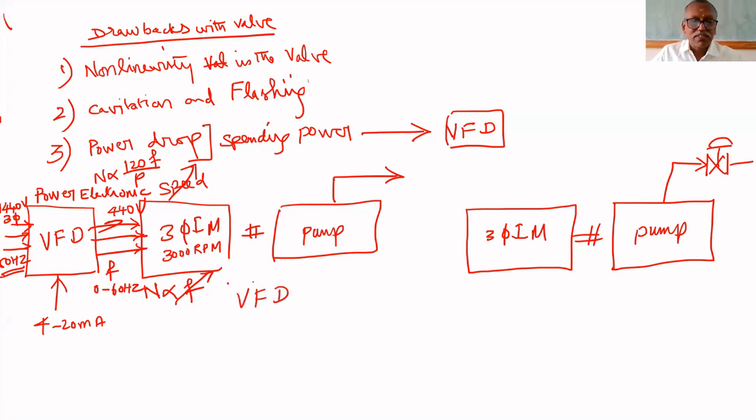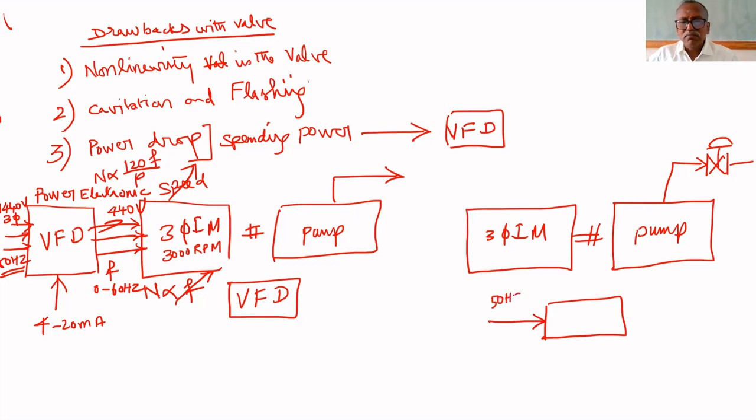So what is VFD? VFD will take constant frequency power, either 220 volt single phase or 440 volt 3-phase power supply, and give 440 volt 3-phase variable frequency from 0 to 60 hertz.